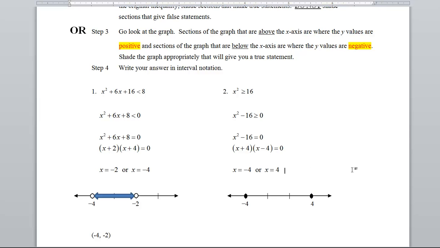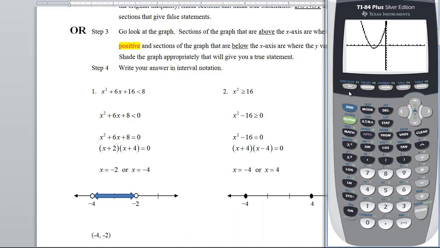Let's go look at the graph, and then we'll check sections, and we'll see if we agree with what we've got. Let's go back to y equals, and this is why I have this one. We're going to put in x squared minus 16. Let's do minus 16 and delete that guy. Okay, let's graph. Okay.